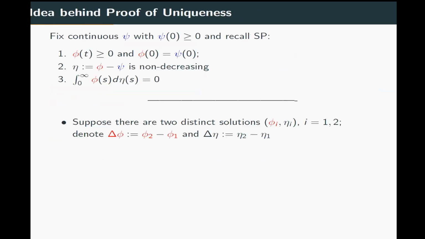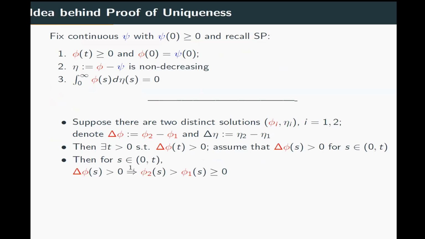Okay, so this is a really simple thing. Then you know that, using 1, if delta phi s is greater than 0, that means phi 2 s is greater than phi 1 s, but phi 1 s has a non-negativity constraint. We all know that. So if phi 2 s is greater than phi 1 s, we know by 3 that phi 2 for the entire period was not at 0. Therefore, d eta 2 s must be 0 because it couldn't have increased.